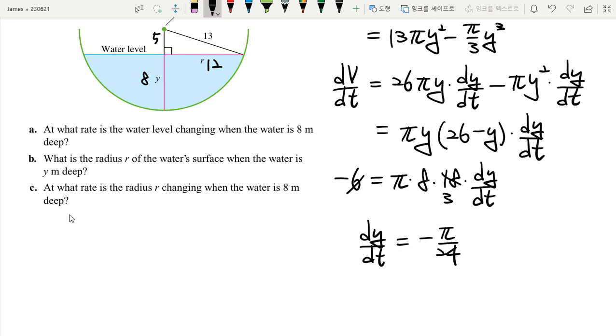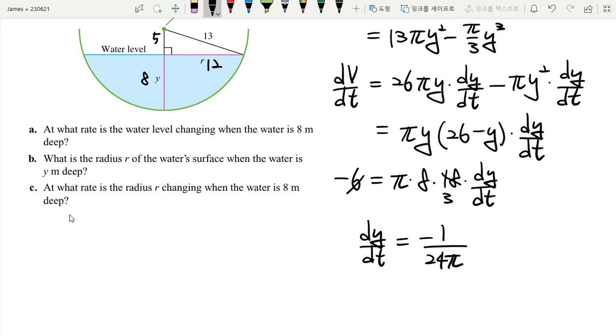Sorry, 1 over 24 pi. Because of this negative sign, the water level is decreasing.